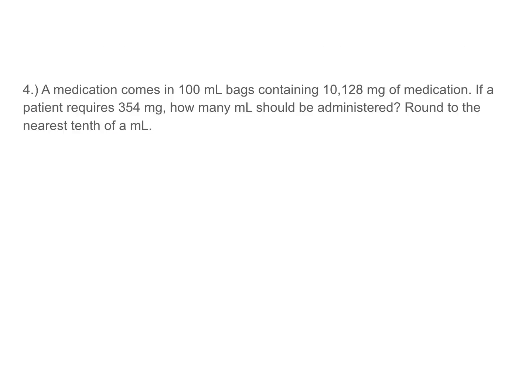Number 4, a medication comes in 100 milliliter bags containing 10,128 milligrams medication. If the patient requires 354 milligrams, how many milliliters should be administered? Round to the nearest tenth of a milliliter. All right, so I'm going to definitely want to set up a proportion here.